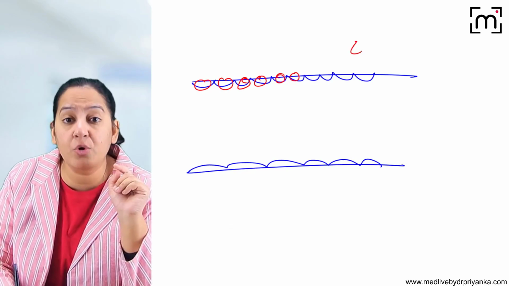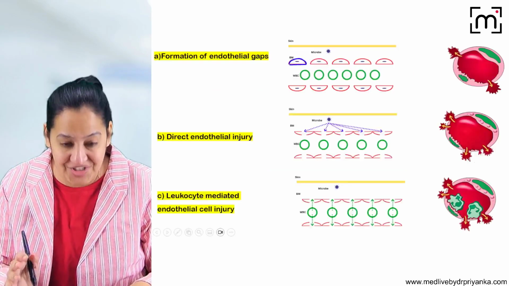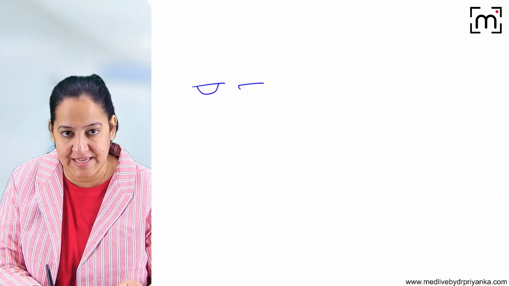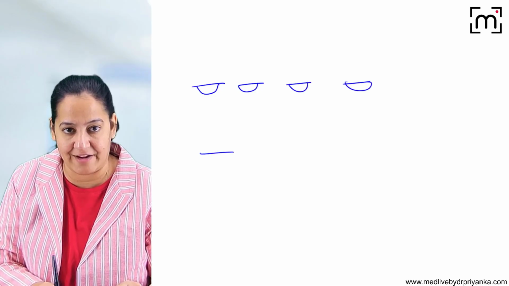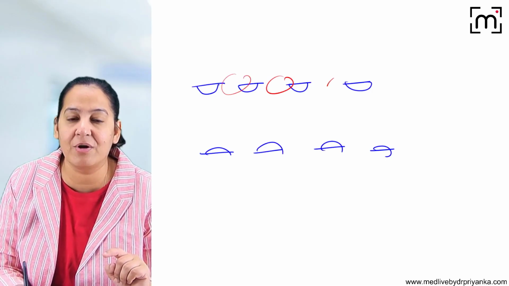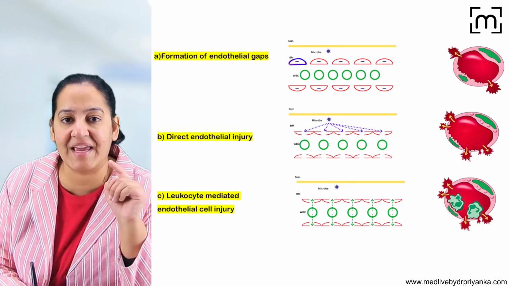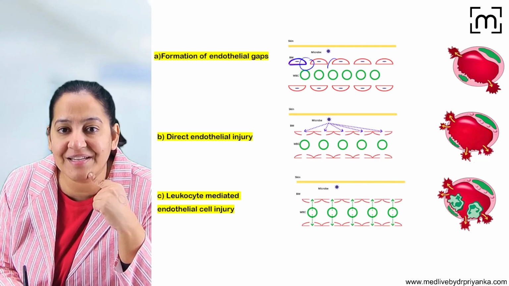So all the endothelial cells undergo contraction, and at their junctions there will be gaps. So it will be like this. This is the first endothelial cell, this is the second, this is the third, this is the fourth, likewise. At their junctions, I can appreciate the gaps because all of them undergo contraction.